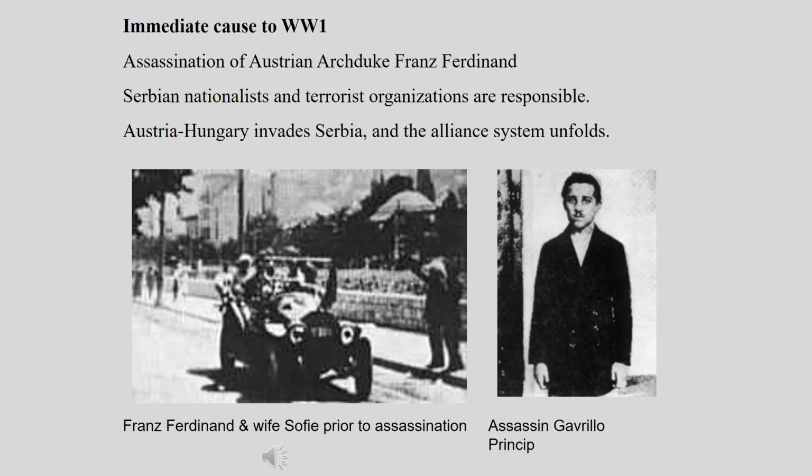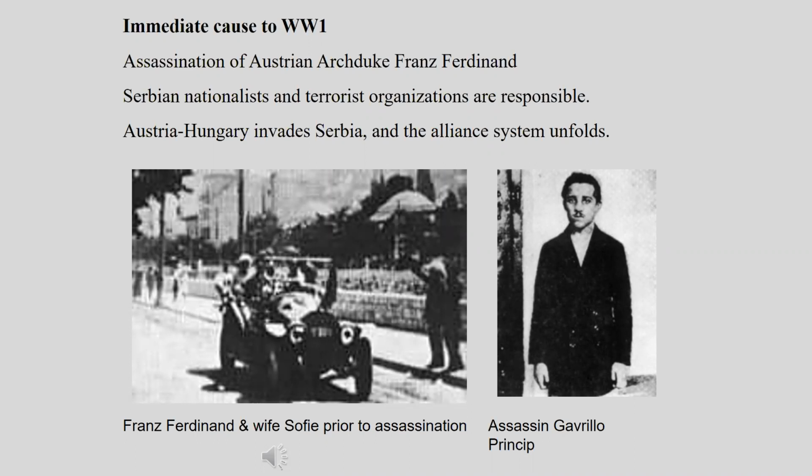In a parade in the city of Sarajevo that included the Archduke and his wife in an open car, a small group of terrorists had other ideas for the Archduke, and ultimately the relationship between the Balkan states and the Austrian-Hungarian Empire.